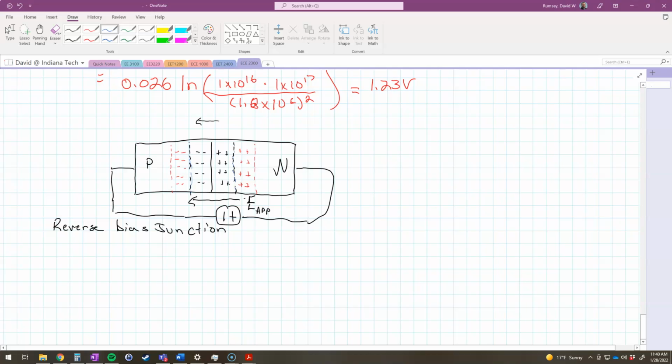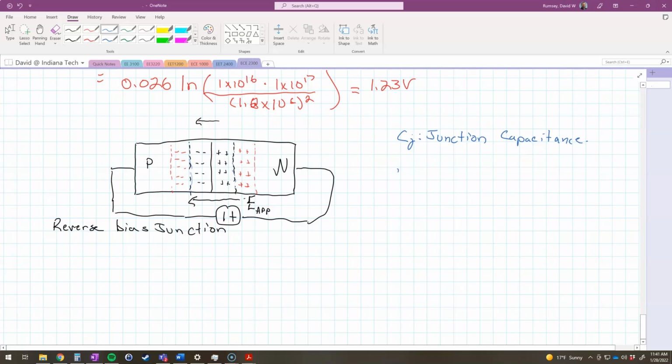And what we've done by applying a voltage is we've just made this capacitor bigger. And so there is something called the junction capacitance, and that junction capacitance is, again, because it's in a reverse bias situation.